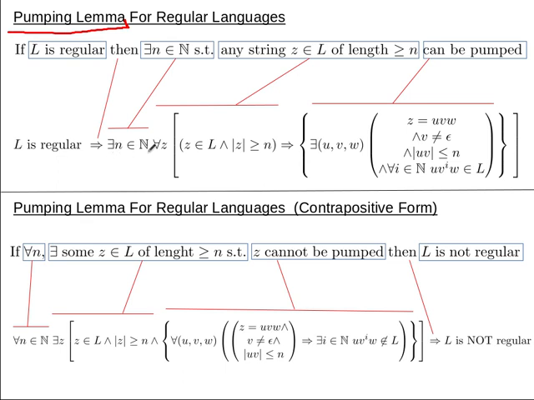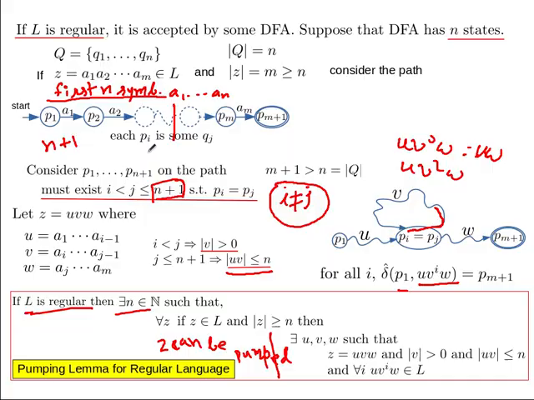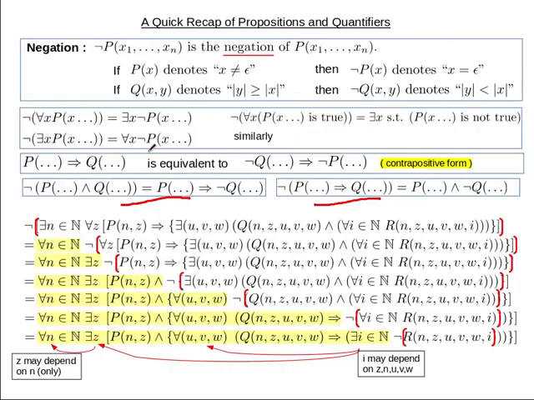So what will be the contrapositive form? What was the contrapositive form? P implies Q. Its contrapositive form is that the negation of Q implies the negation of P. So if Q is not true, then P cannot be true.